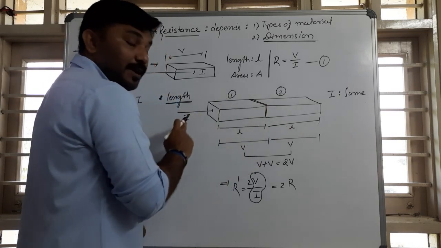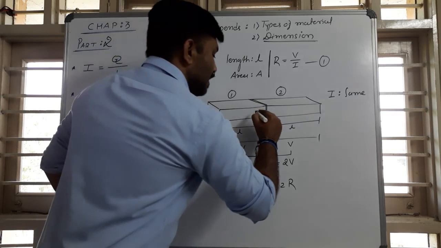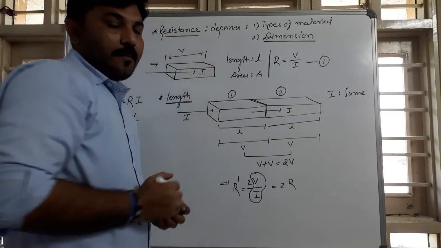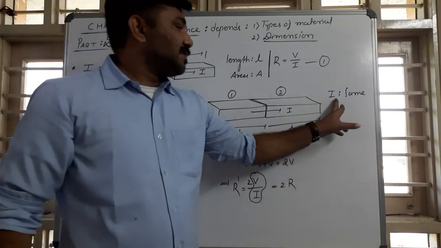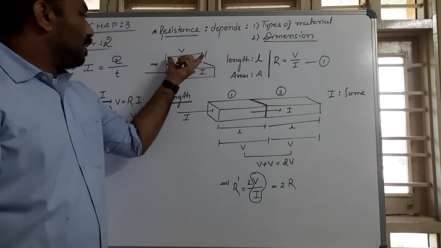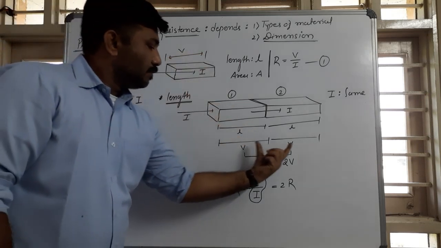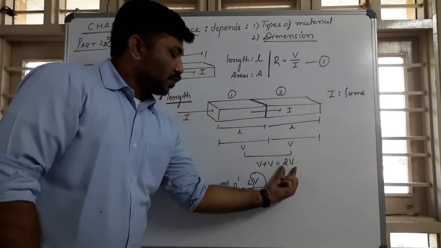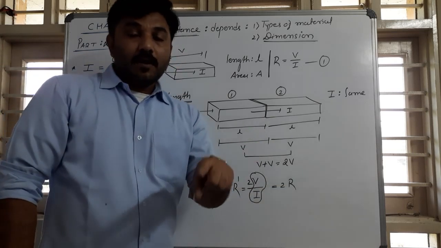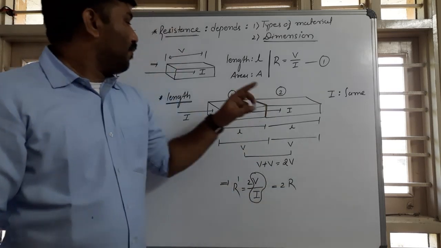Through the first conductor electric current I passes, and through the second conductor also the electric current I passes. So I is the same for both conductors, but the electric potential becomes double, 2 times the electric potential of the first.